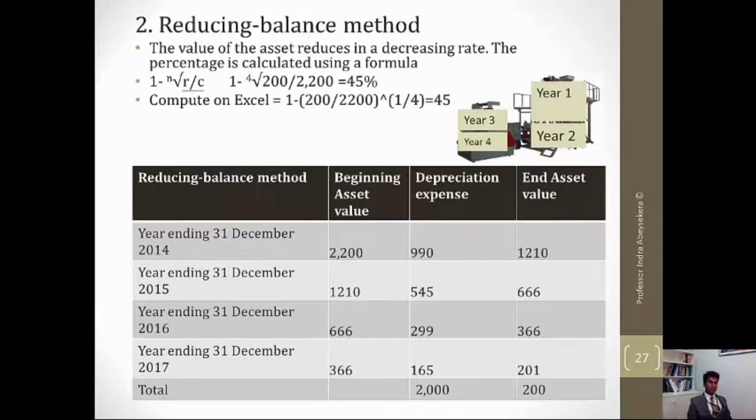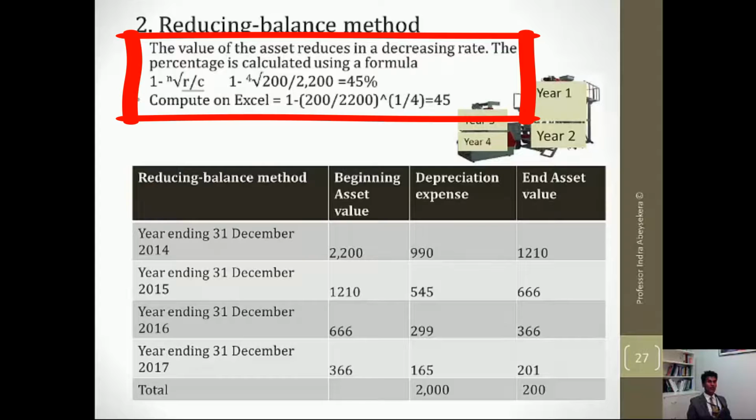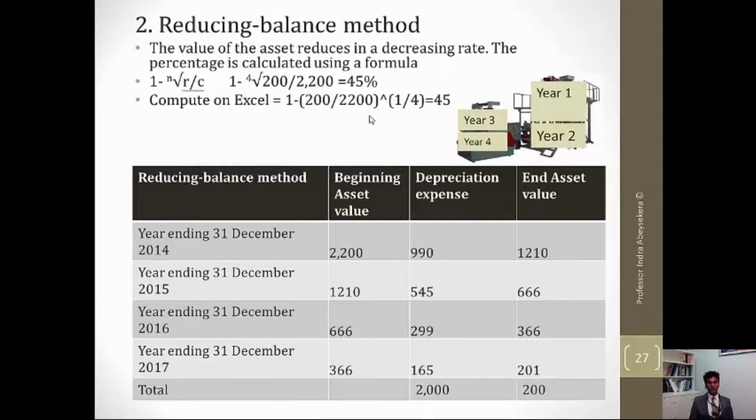Reducing balance method. We use a formula. We can find out that formula using Excel. We take 1 minus the residual value divided by acquisition cost, to the power 1 over the useful life of the asset. That gives us the percentage of depreciation, 45%. And we apply that 45% to the beginning value of the asset.